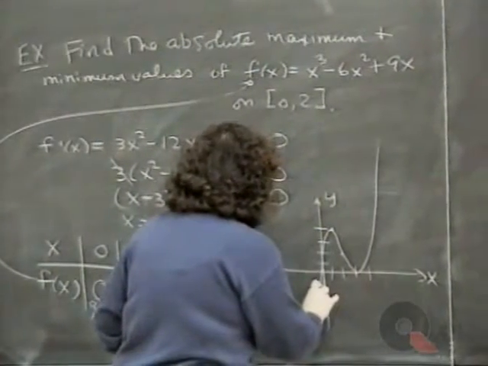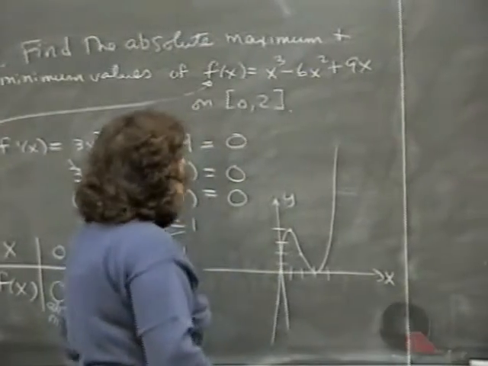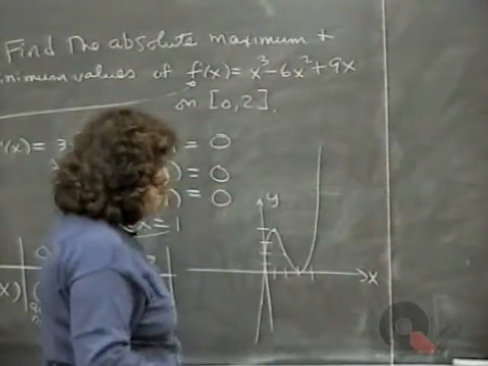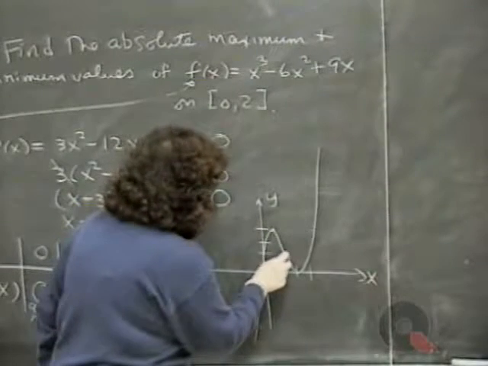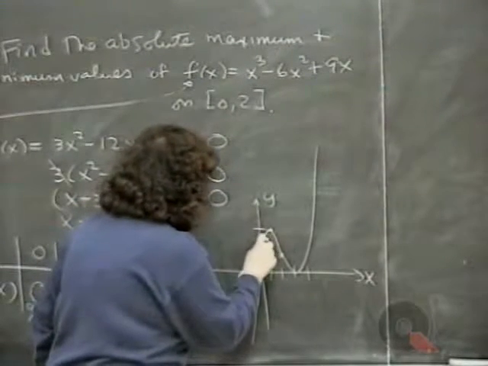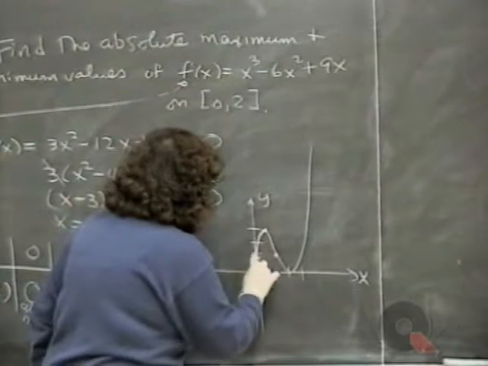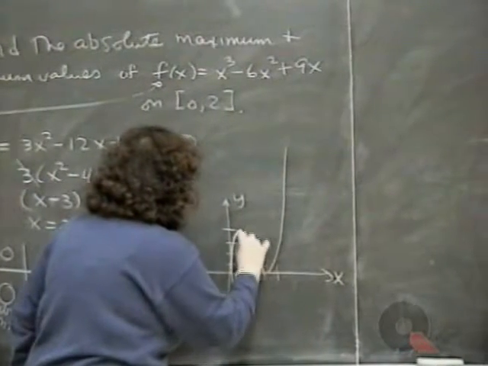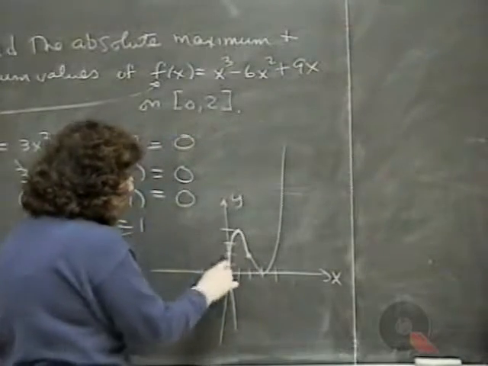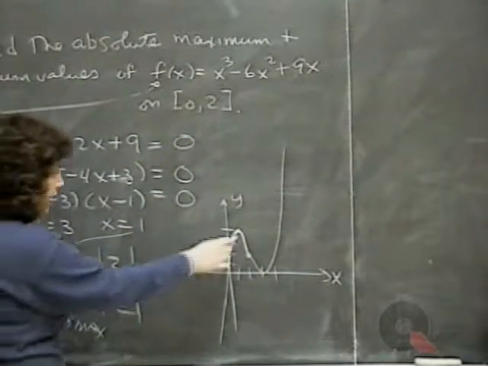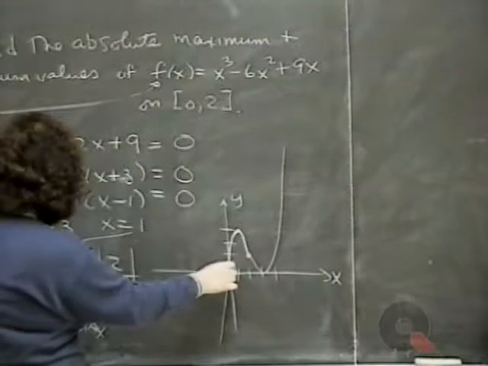However, if we took the entire real line, this function would not have an absolute max or an absolute min. However, we were only considering it between 0 and 2. Only this region, from here to here. And we understand that between here and here, the absolute maximum value was 4, occurring at x equals 1.